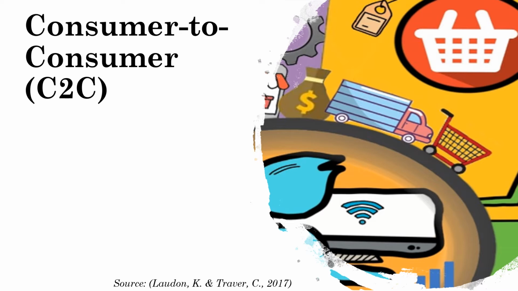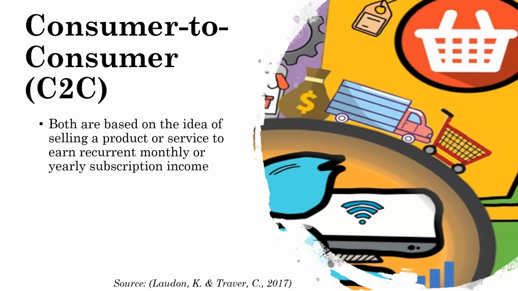Consumer to consumer, or well known as the C2C. The C2C model involves transactions between consumers. Here, a customer directly sells to other customers, through online auctions, websites that offer advertisements, and online sales of goods to another customer.